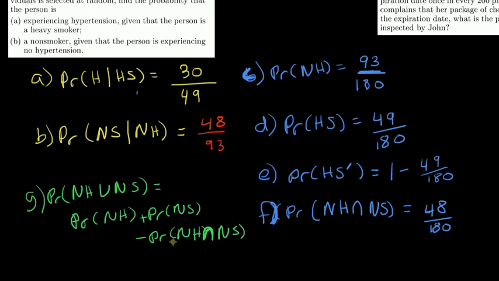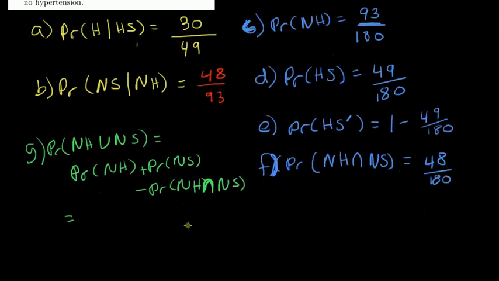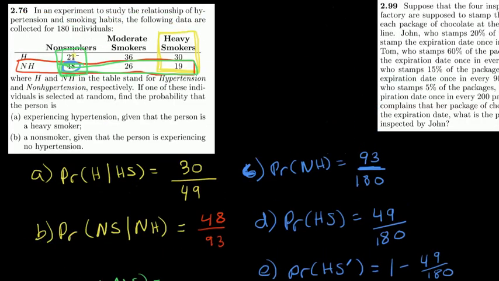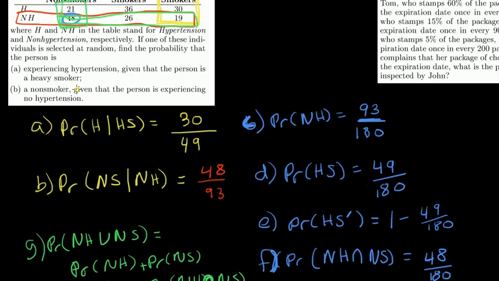You remember this is the addition rule. So you could use this: 93 over 180 plus, what is non-smoker? I don't think we calculated it yet. How many non-smokers do we have? 21 plus 48, so that's 69.